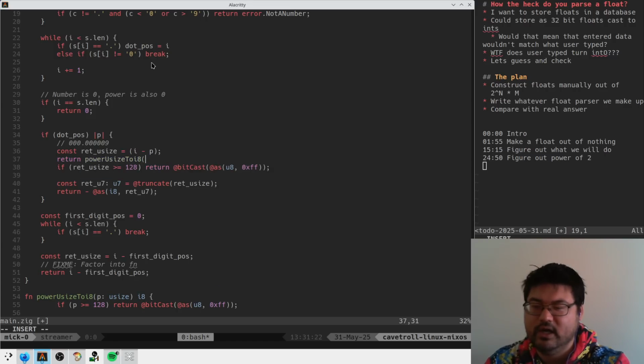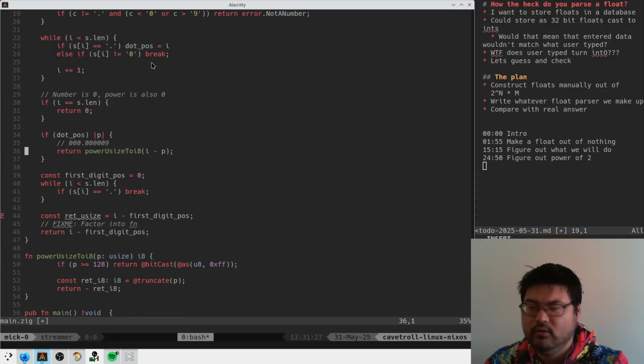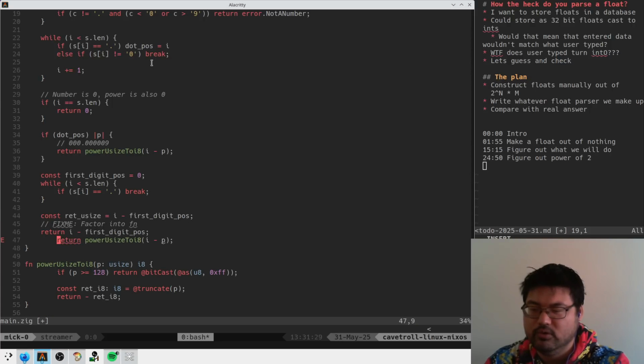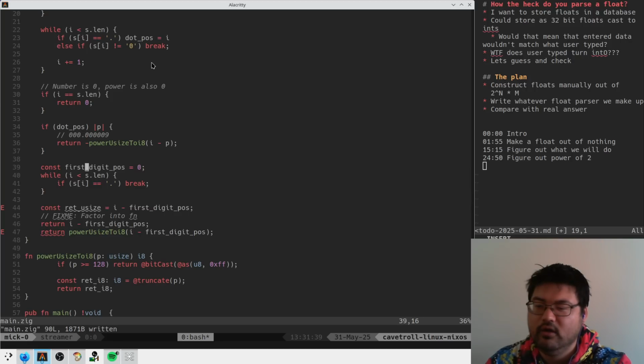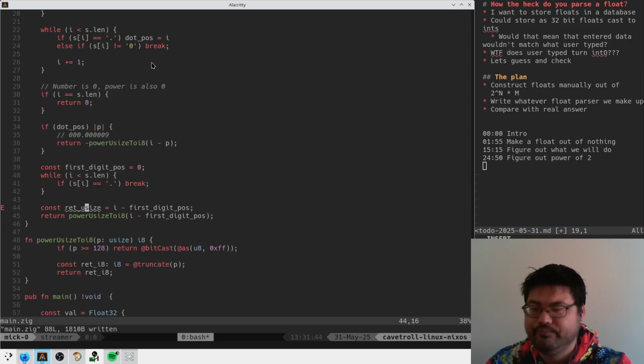Power U size to I8, I minus P. Okay. And then here we can do return power to U size I minus first digit pause. And then we actually have to negate this here and not negate it here. There we go. Yeah, that sounds right.